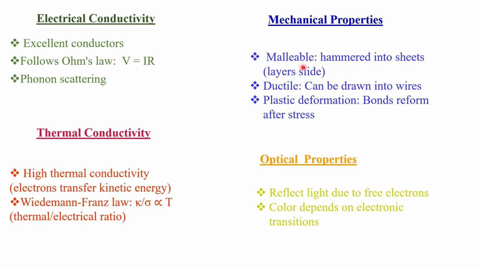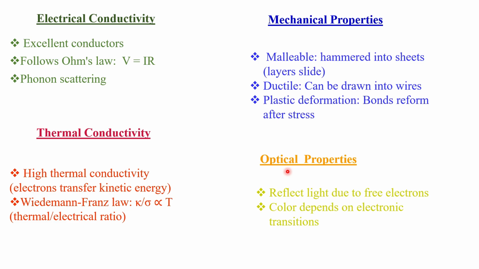Mechanically, metals are malleable and ductile because metallic bonds are non-directional. When stress is applied, atomic layers slide, but the electron cloud redistributes and maintains bonding. Unlike ionic solids, bonds do not break catastrophically.